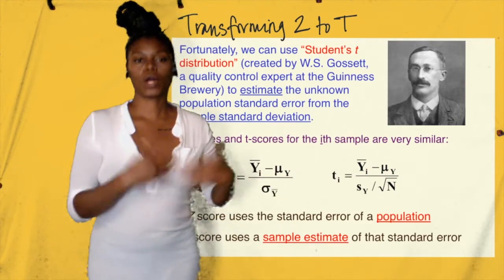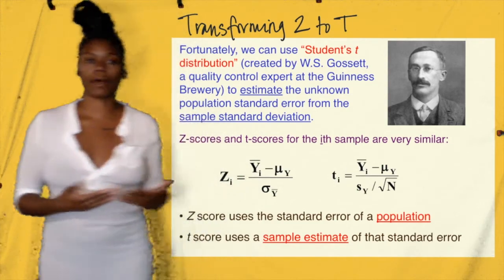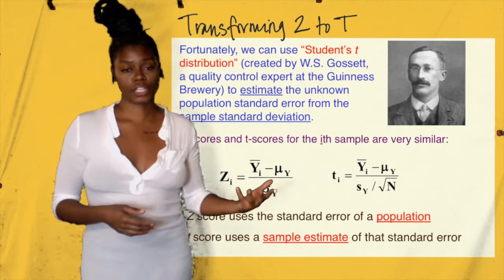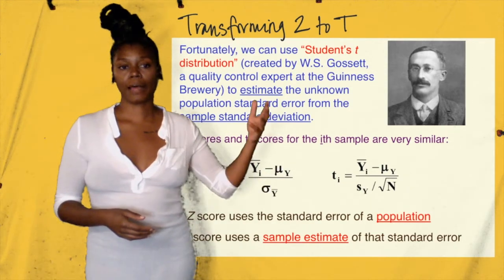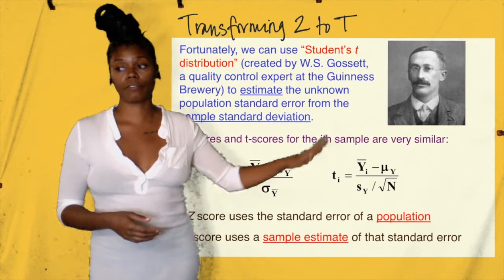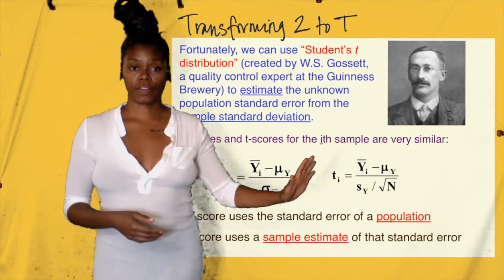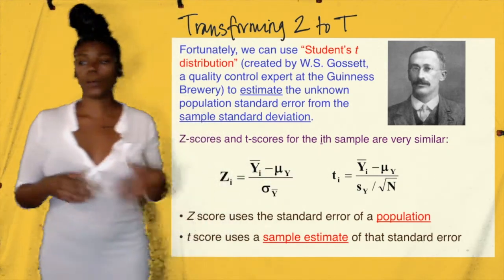Maybe not theoretical, hypothetical, since we're talking about hypothesis testing. The hypothetical mean of the population divided by the sample estimate of the standard error. Standard deviation divided by the square root of n.